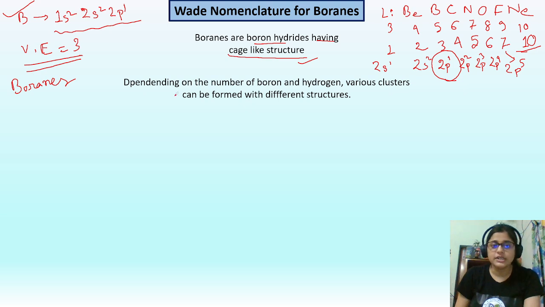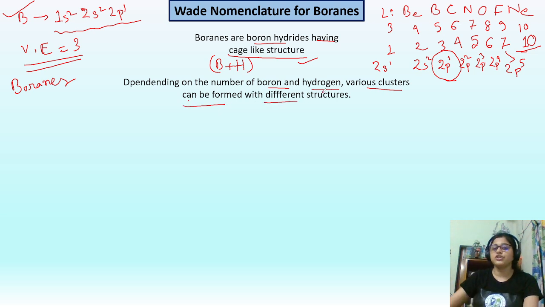Depending on the number of boron and hydrogen atoms, various clusters can be formed with defined structures. We can calculate these with the Wade rule, and we call it Wade nomenclature.